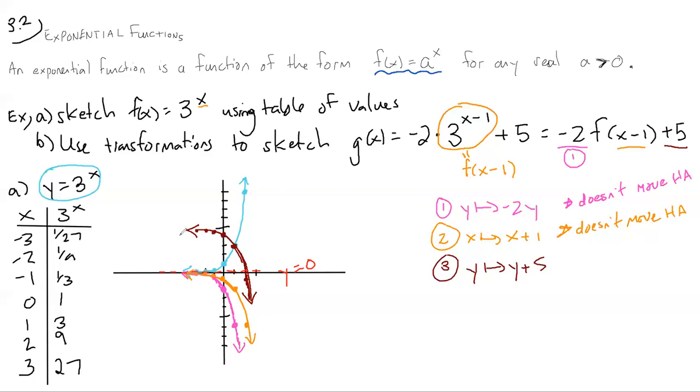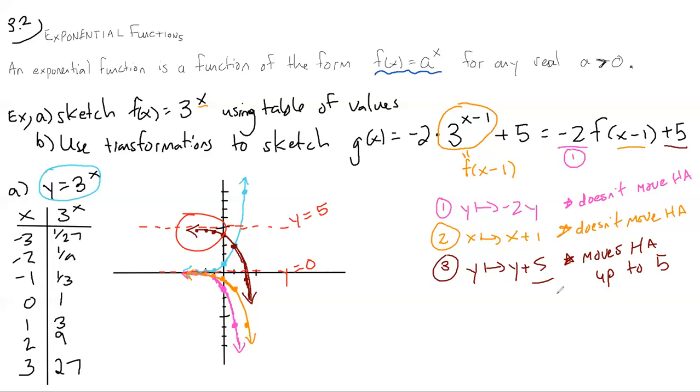And so now if we take all of those points that have a height very, very close to 0 and add 5 to them, we should now have a bunch of points that are actually all very close to 5. So what that shift up does is it actually moves the horizontal asymptote up by 5. So that's actually going to be one of the pieces that we can use to do the graphing later.